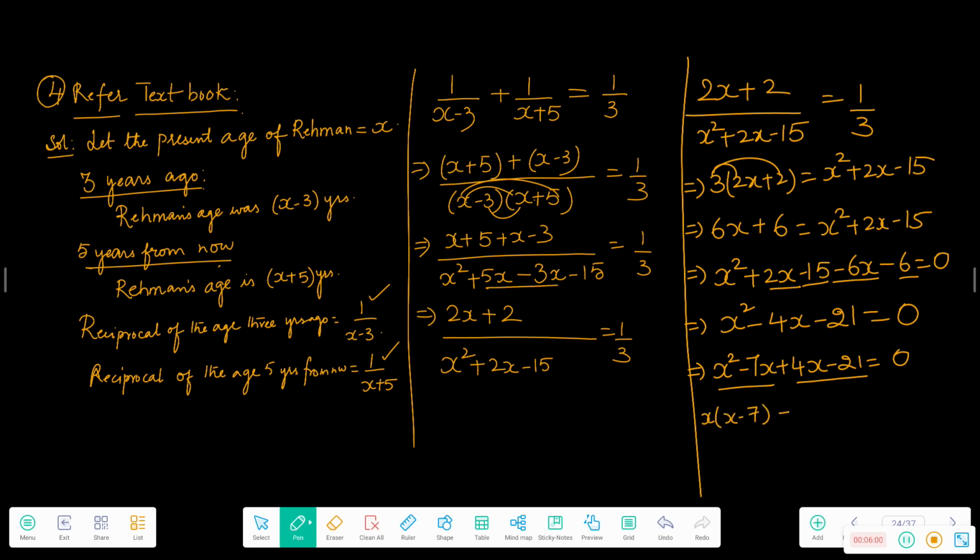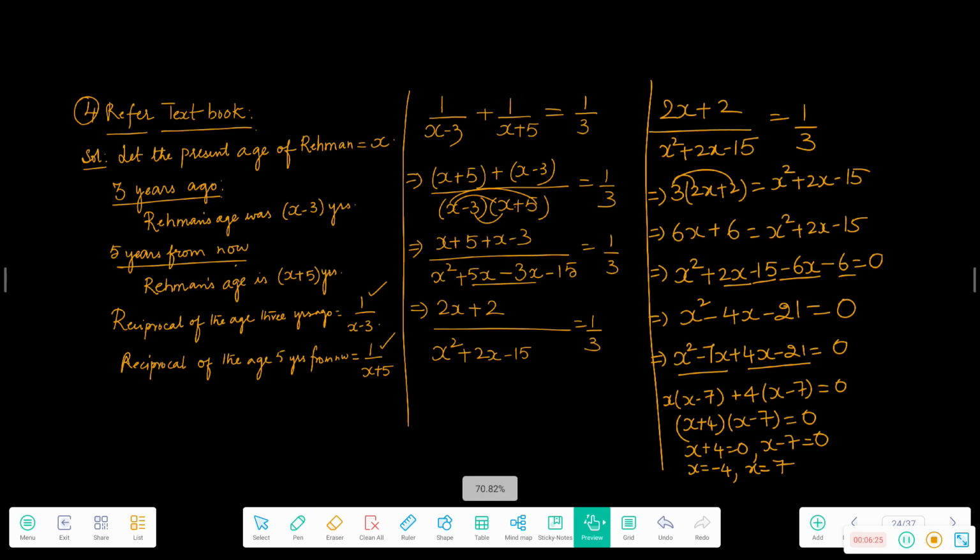If I take 4 common from here, I'll get x minus 7 equal to 0. So x plus 4 times x minus 7 is equal to 0. So x plus 4 can be 0 and x minus 7 is 0. x is equal to negative 4 and x is equal to 7.